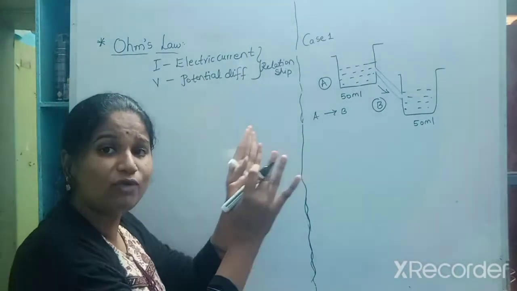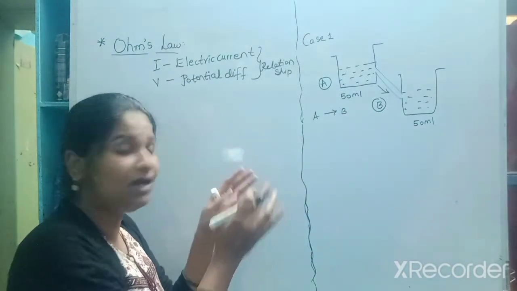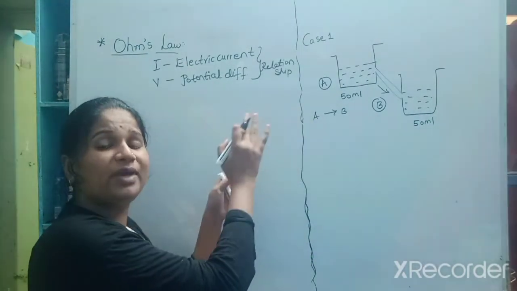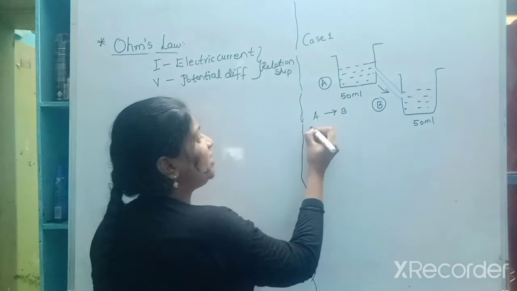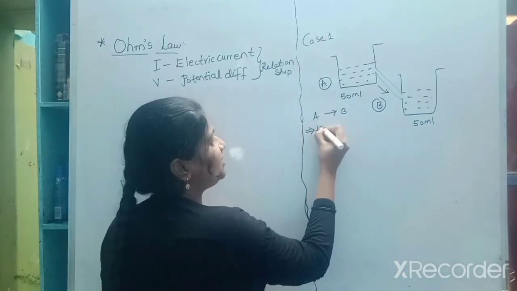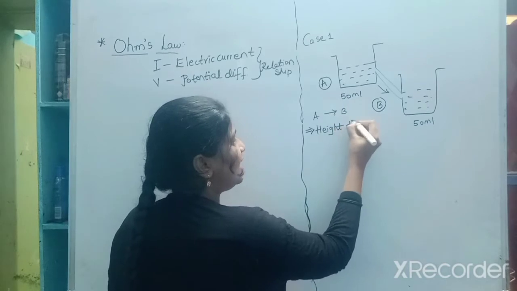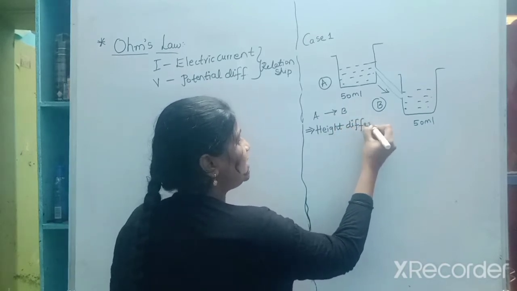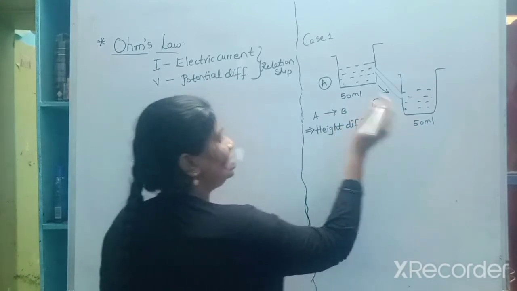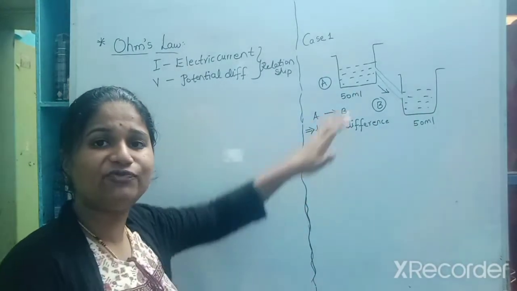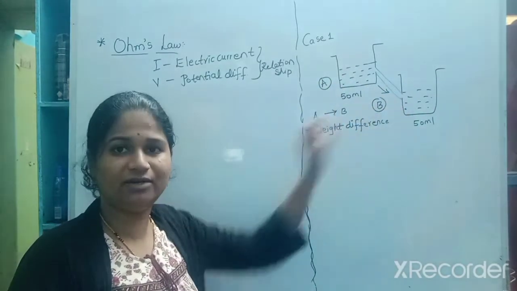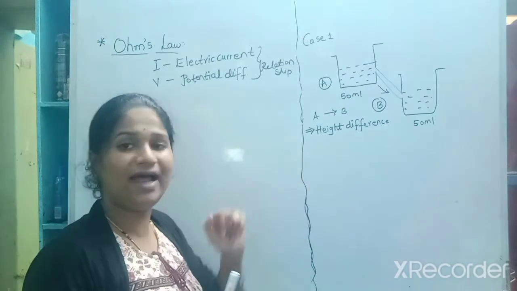Even though the amount of water is the same in both beakers, there will be a flow from A to B because we have a height difference. Due to the difference in height, the flow of water starts from beaker A to beaker B.